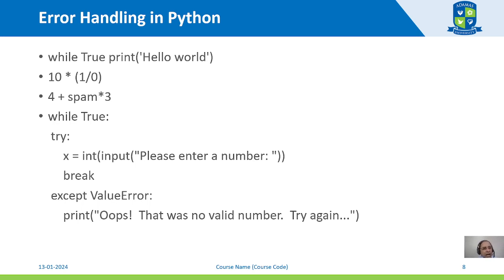Now it is written like this: suppose we give try, it's a try block, and within that we are taking one input and one number, then break, then except ValueError, oops, that was no valid number. So suppose we are checking whether a number is an integer or not, then this particular code segment will give the output. If it is not a number, it will give the output that it is not a valid number.